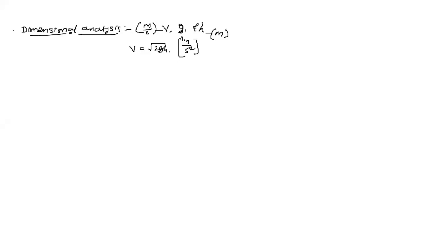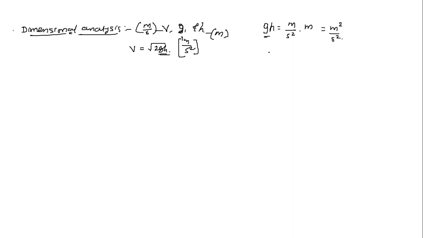For example, as we already know, v is equal to root 2gh, where 2 is a multiplying factor. So we will check that now. If you take the product of g and h, meaning the product of the units of g and h, g has the unit meter per second square and h has the unit meter, so we get meter square per second square.